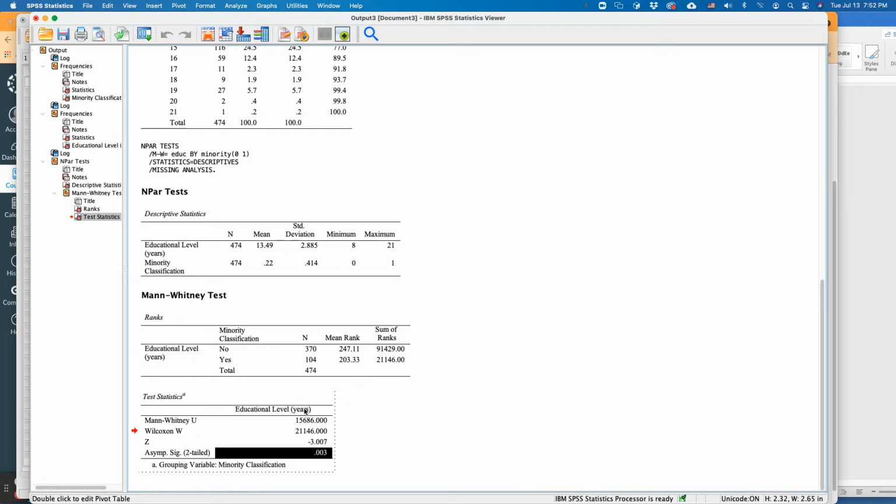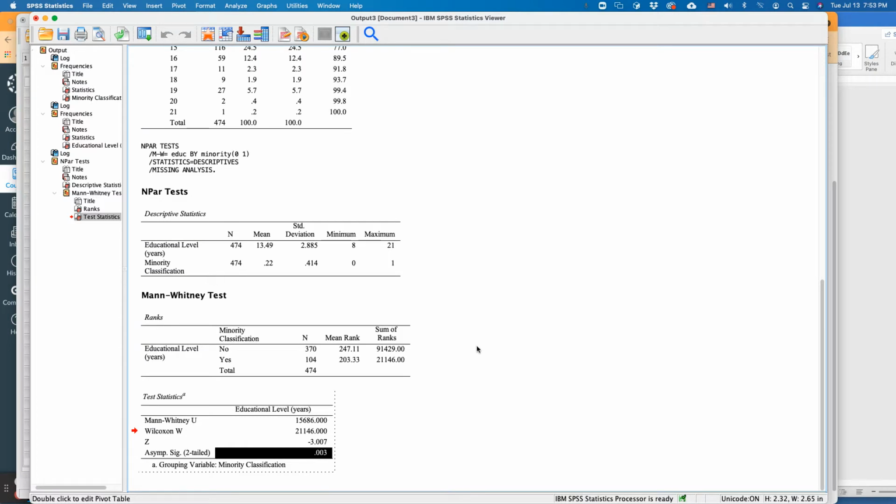And when we calculate the U value, it gets 1500 plus, and the z-score for that is minus 3.02, and the p-value is 0.003. So definitely statistically significant.